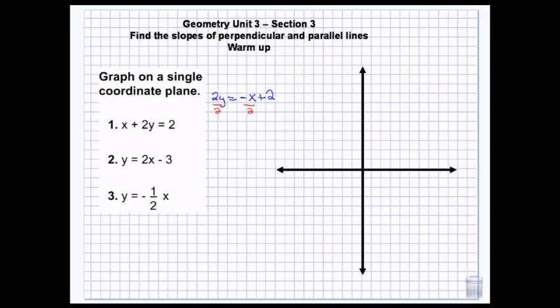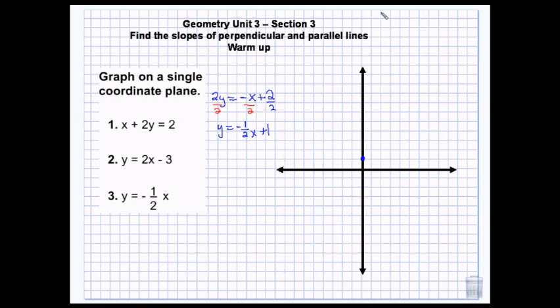So I'm going to divide by 2, so I'm going to get y equals negative 1/2 x, oops, I forgot to divide by 2, plus 1. B, this is my y-intercept. This is where I start. So my first line is going to start right here on the 1. My slope is negative 1/2. Okay?